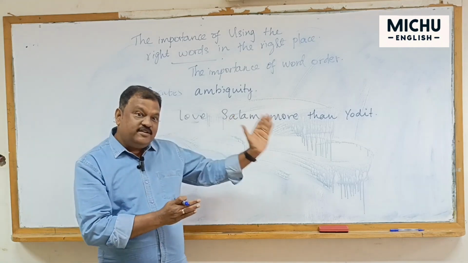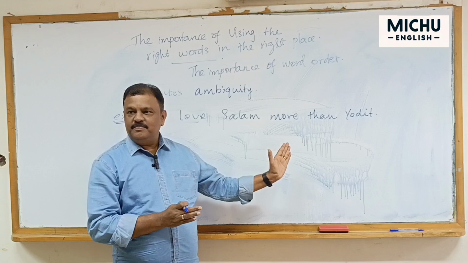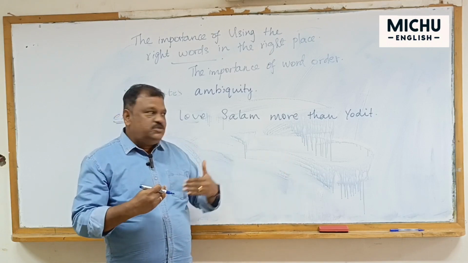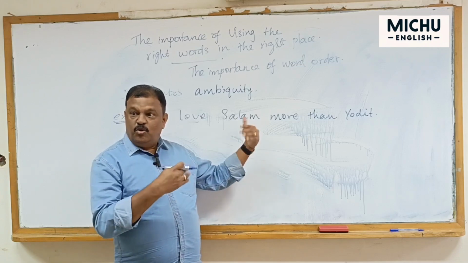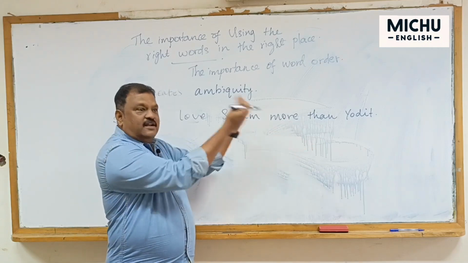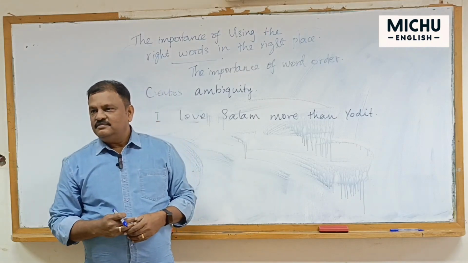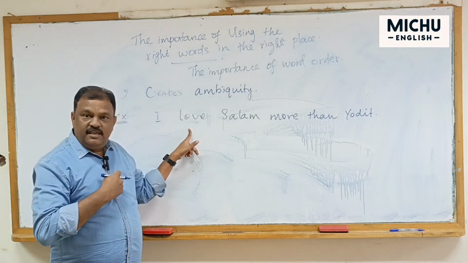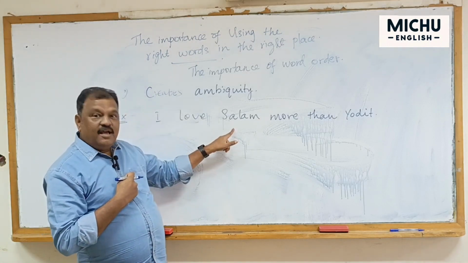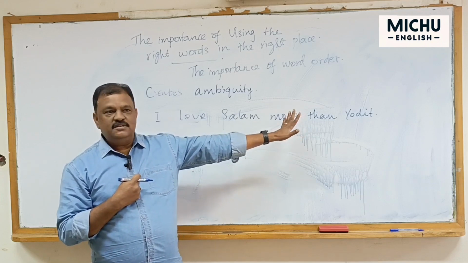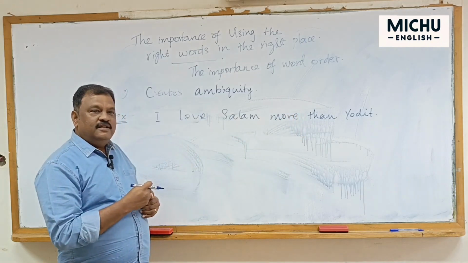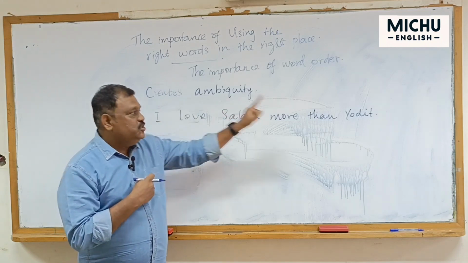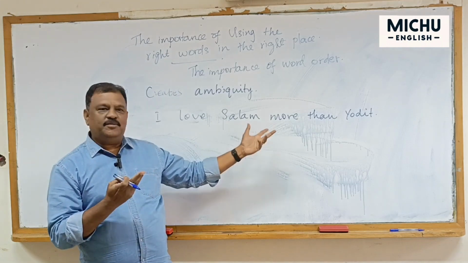At the same time, Yodit also loves Salam. But the degree of my love for Salam is more than Yodit's love for Salam. Do you understand? In the first meaning, it's only me who loves Salam and who loves Yodit. But in the second meaning, Salam is the person and I love Salam. Yodit also loves Salam.